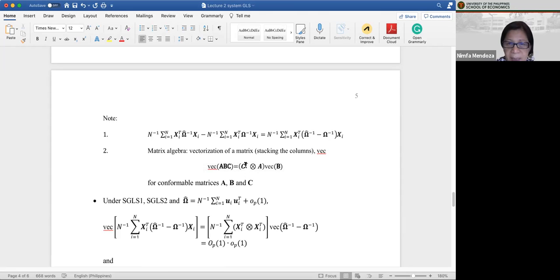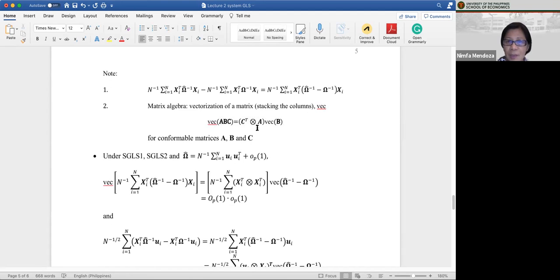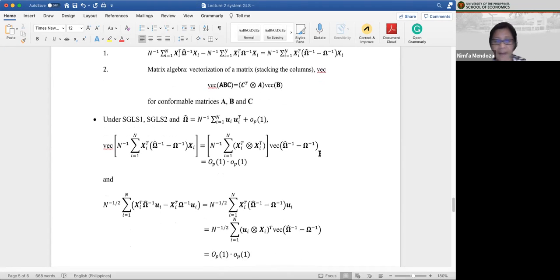This would be equal to the Kronecker product of C transpose and A times the vectorization of B. So you pick up C, get the transpose, so you have C transpose Kronecker product A, times the vectorization of the middle matrix B. Note that in Kronecker products, the order of the matrices matters, just like in ordinary matrix multiplication.